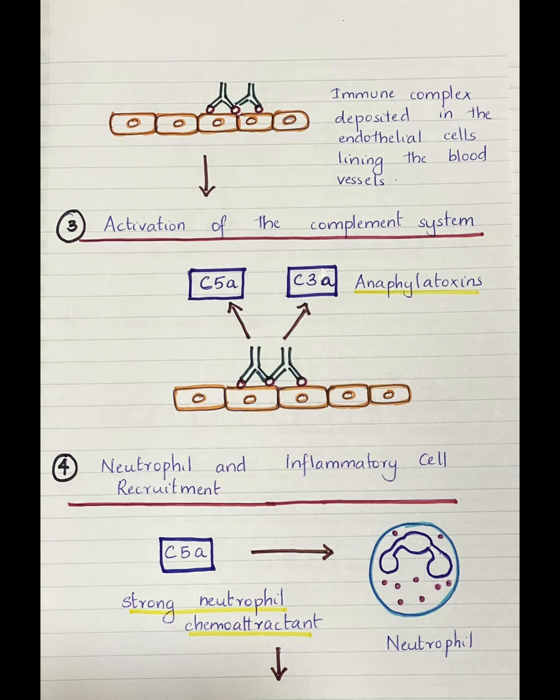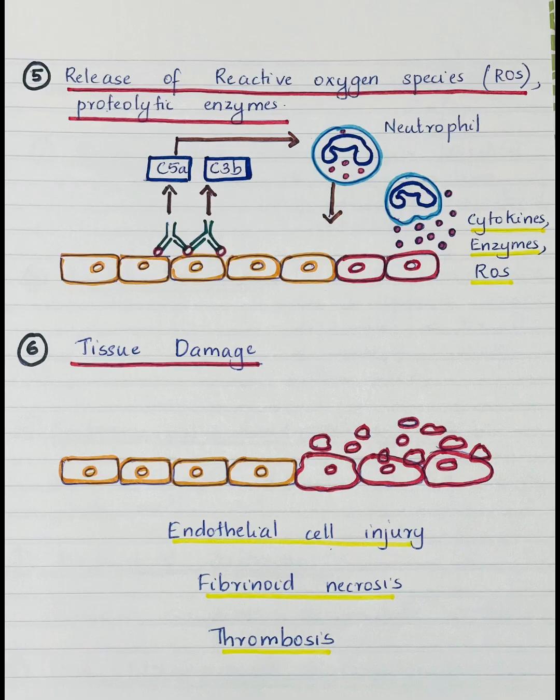Neutrophil attempts to phagocytose the immune complex, but it fails. Neutrophils release their toxic granules extracellularly. They release lytic enzymes and reactive oxygen species, leading to inflammation and tissue damage. The inflammatory response results in endothelial cell injury, fibrinoid necrosis, and thrombosis.